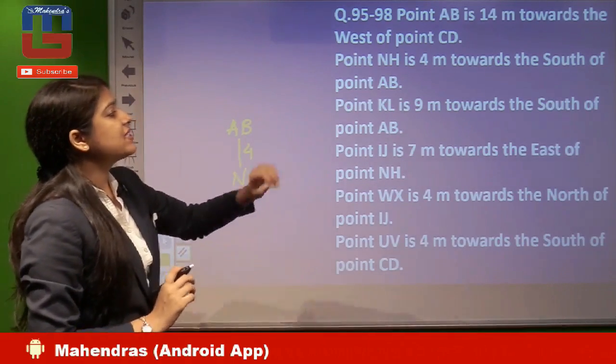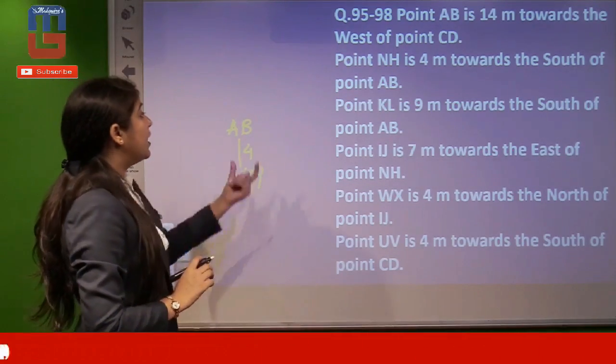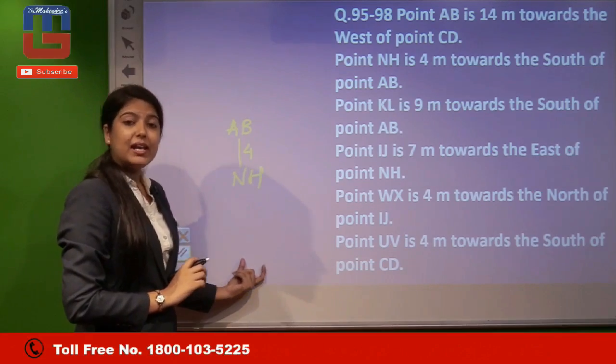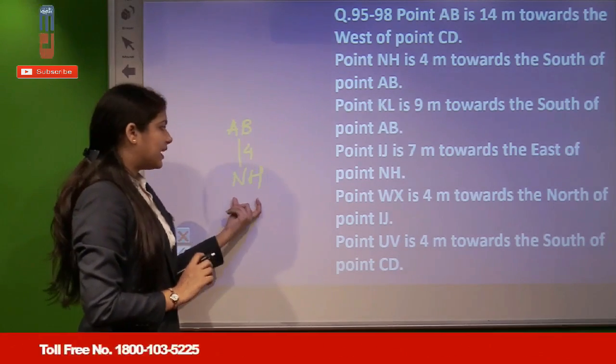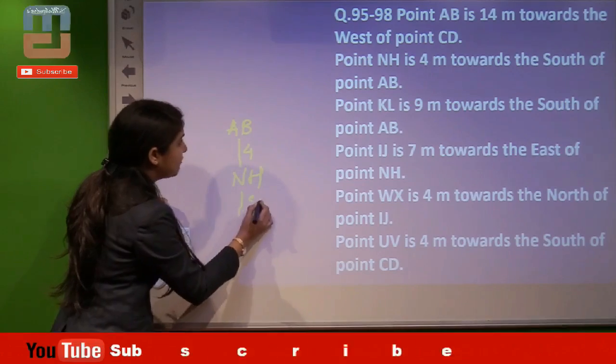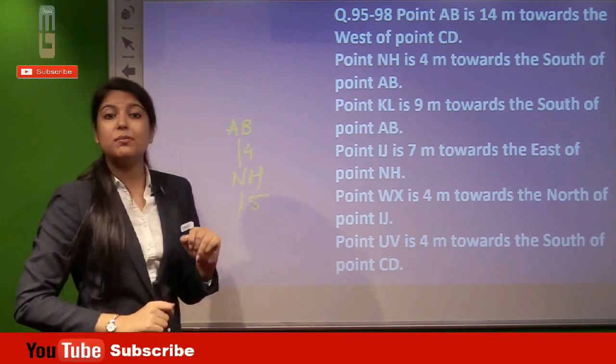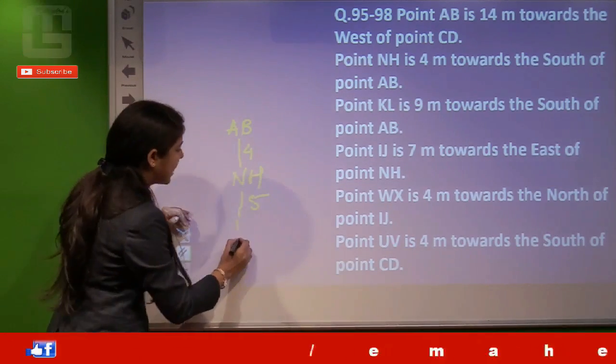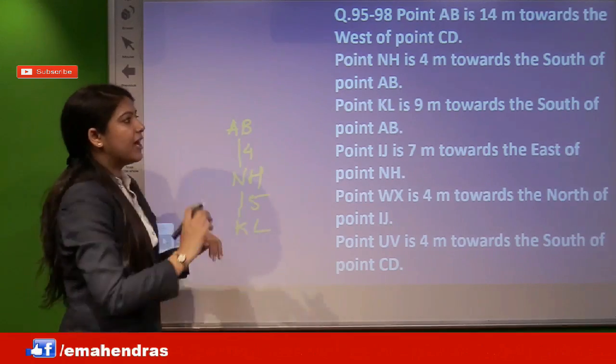Point KL is 9 meters south of point AB. That means again it will be down. 4 meters till NH, leaving 5 meters because we have to go only 9 meters. So point KL is 9 meters south of AB.